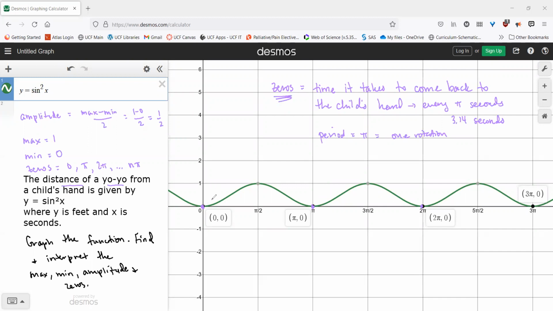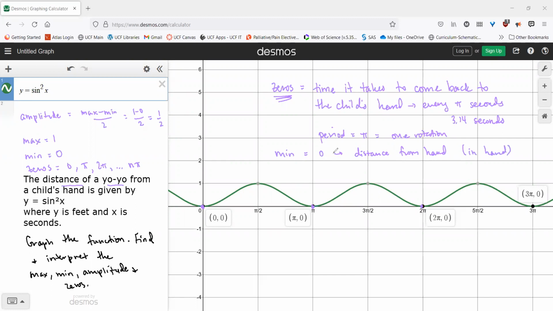Now, what they also mean, they have some significance in the distance of the yo-yo. The minimum is 0. That's the distance from the child's hand. That means there's no distance from the hand; it's in their hand.